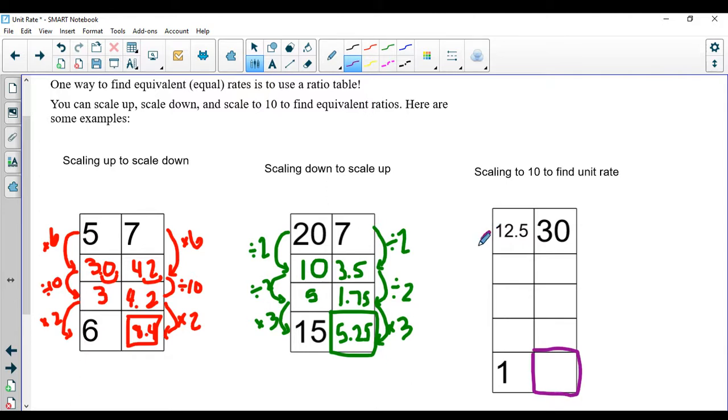So I know that 12.5 is half of 25. So I'm going to multiply by 2. Times 2 gives me 60.